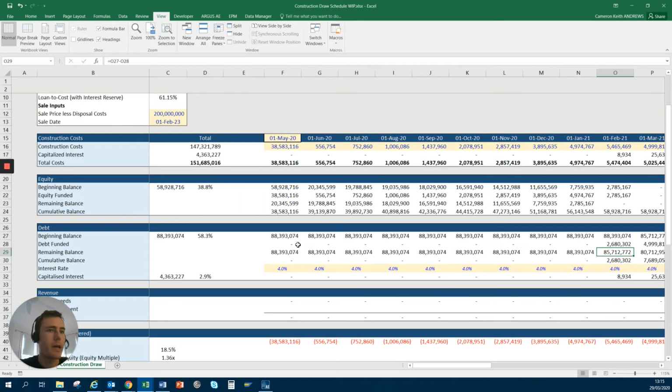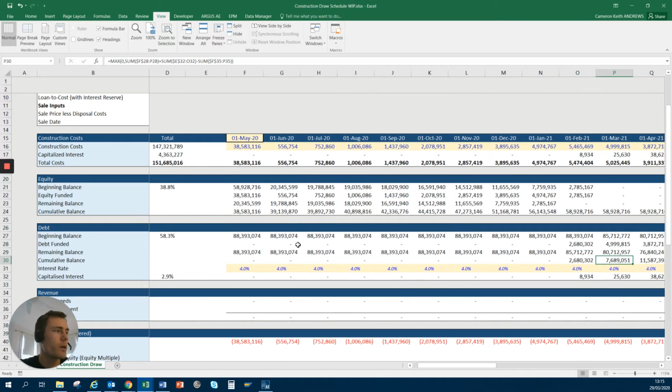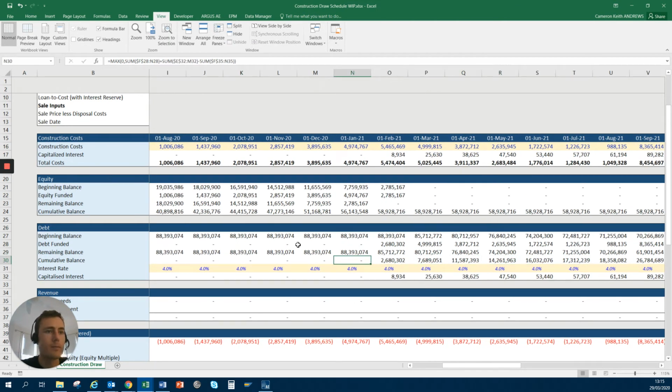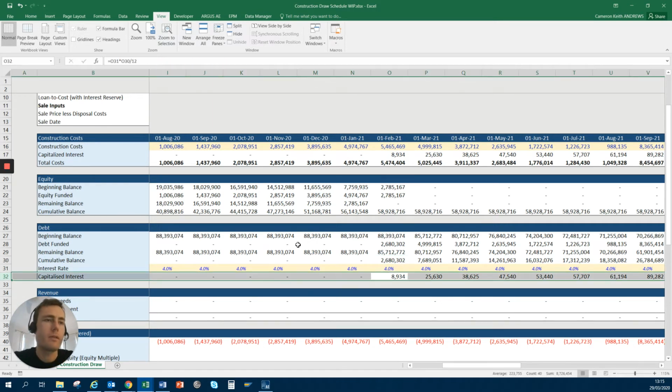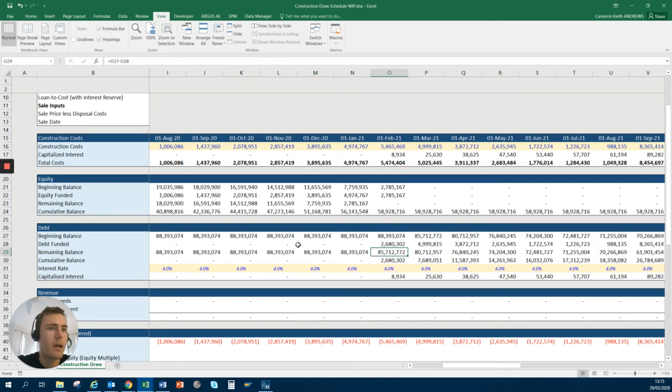You've got your remaining debt balance, and then your cumulative debt balance owing. You'll see what's happening here. You've got your capitalized interest, and the cumulative debt balance owing is added to the interest cost, and that's rolled over into the next month, hence your compounding effect of the actual capitalized interest.